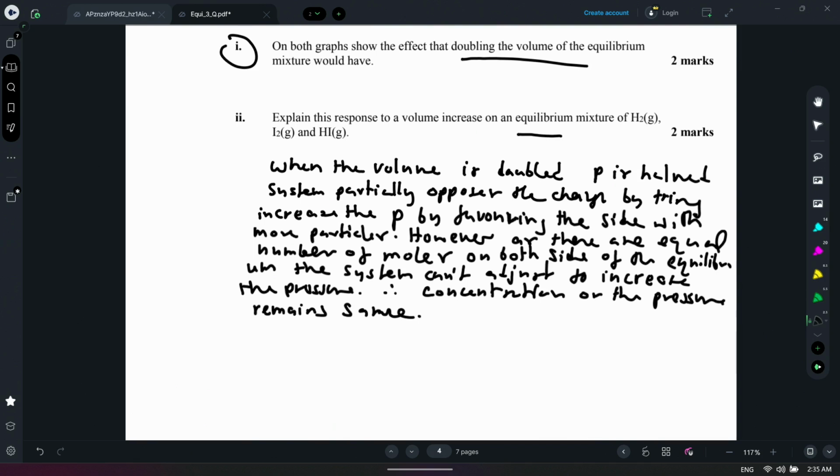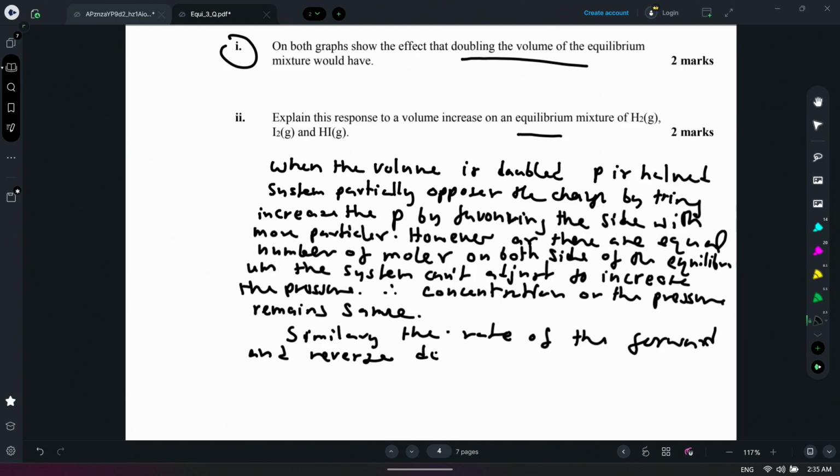I know it's a bit of overkill, but you need to say why the rate does not change. Similarly, the rate of the forward and reverse reactions decreases.